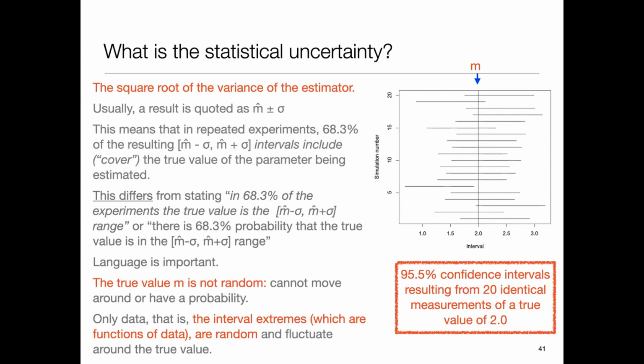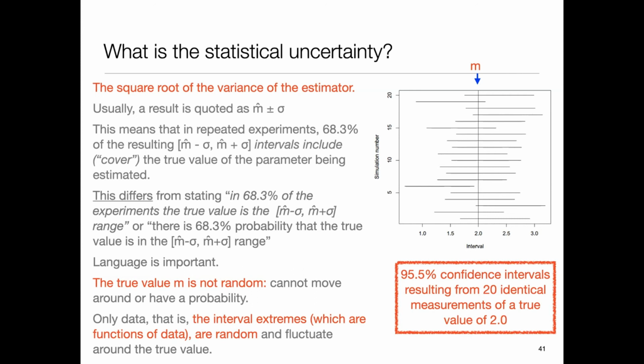And you see that the intervals fluctuate from measurement to measurement. So all the horizontal lines are not aligned. They go left and right because these are functions of the data, and therefore they fluctuate depending on the data you have.